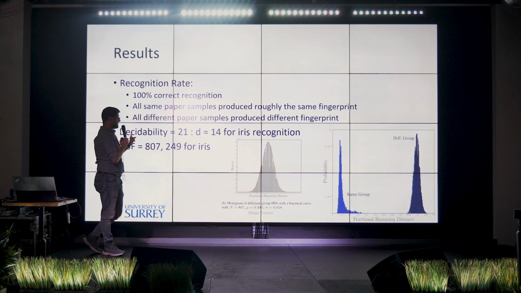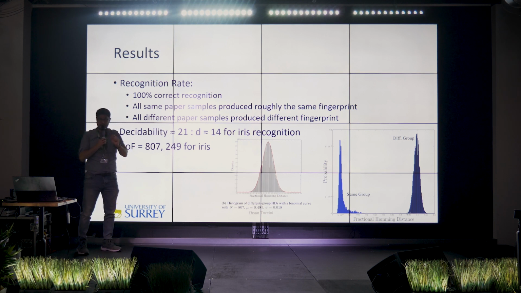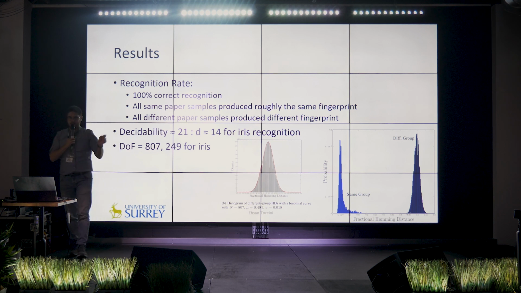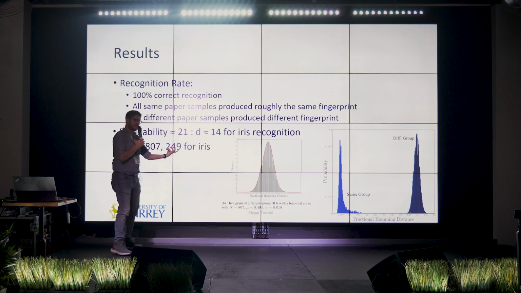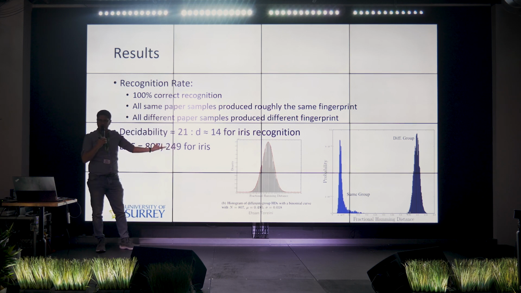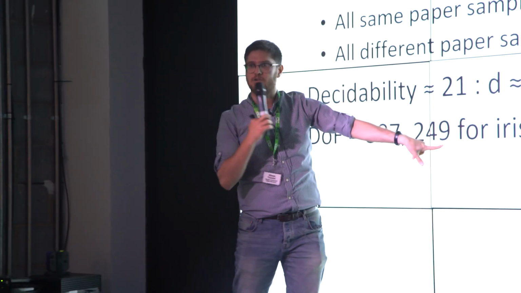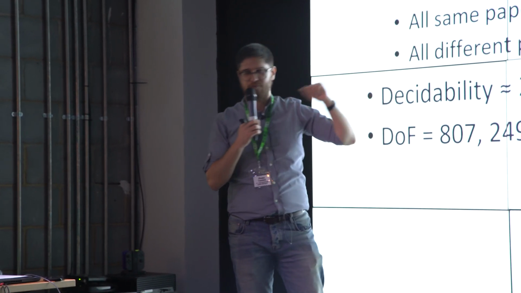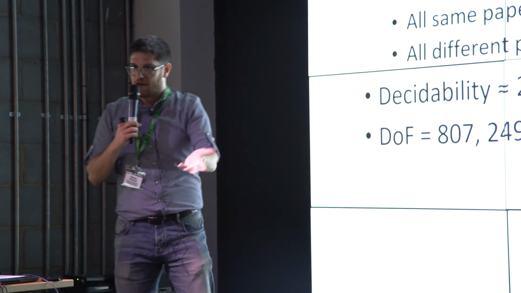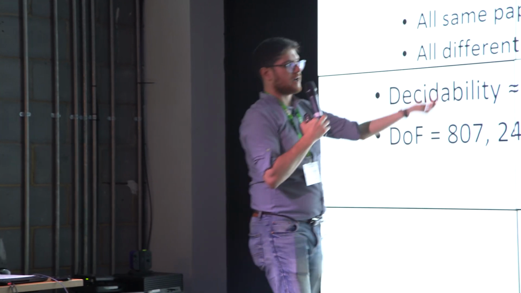And more interestingly, out of 2,048 bits, around 800 of them were completely random. To give you an indication, for iris, which is a relatively reliable biometric for humans, it's around 250. So it's like three to four times more than iris.